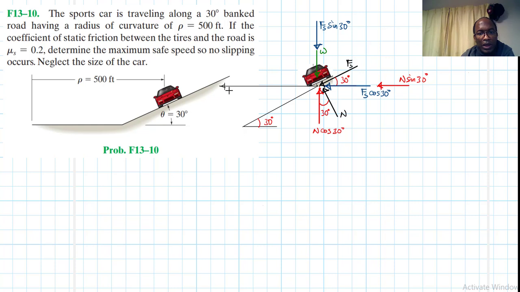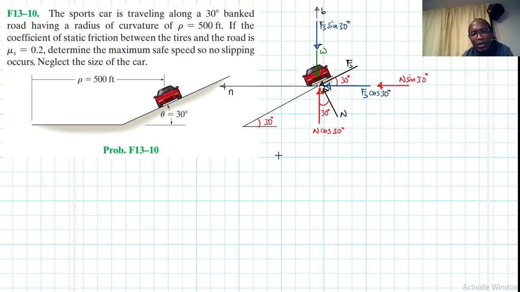Let's call this n, and then this one is our b coordinate. Let's call that our b coordinate. Of course, we are not going to have any motion along the b, but along the n. Along the n, we are going to have some acceleration there, centripetal, and so on.